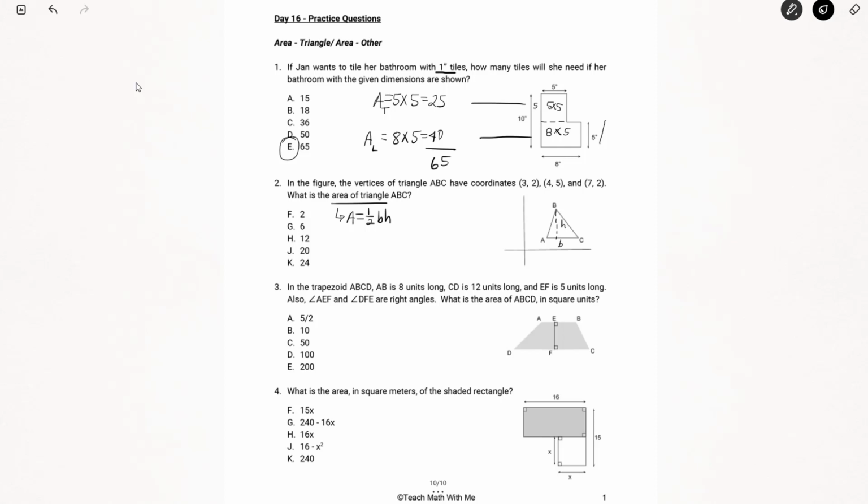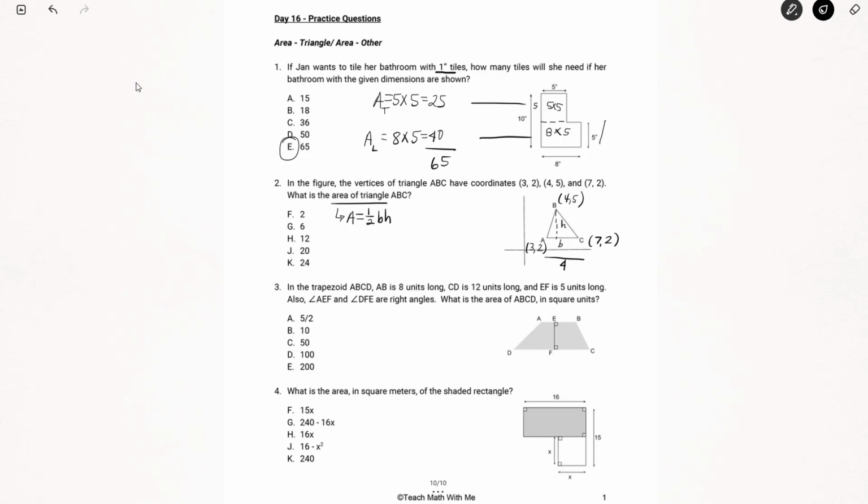So what are those values going to be? Well, I know that A is the point 3, 2, and B is the point 4, 5, and C is the point 7, 2. So I can use these coordinates to figure out my B and my H. So the length of AC is the difference in the x coordinates of A and C. So we go from 3 to 7, that's a difference of 4.